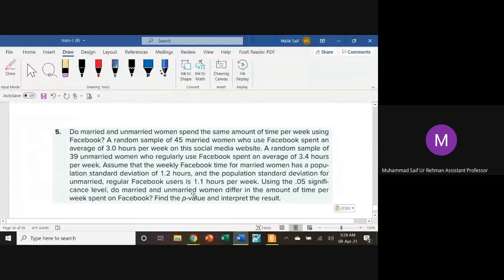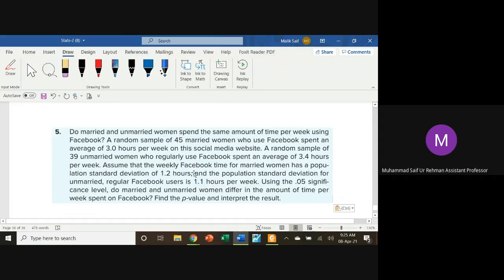The question is, do married and unmarried women spend the same amount of time per week using Facebook? A random sample of 45 married women who use Facebook spent an average of 3 hours per week on this social media website. A random sample of 39 unmarried women who regularly use Facebook spent an average of 3.4 hours per week.